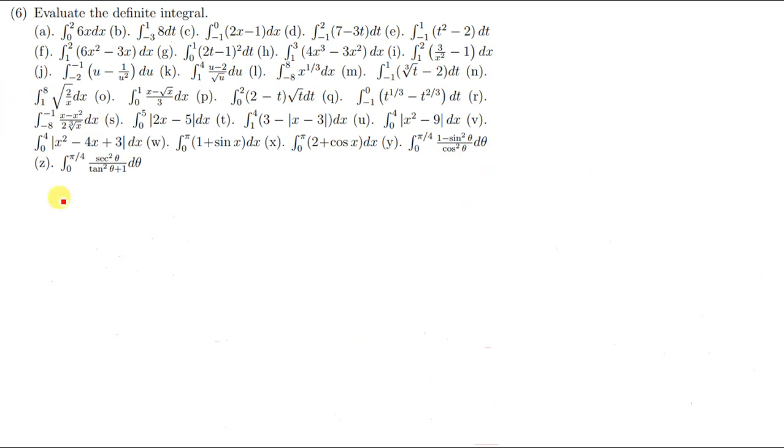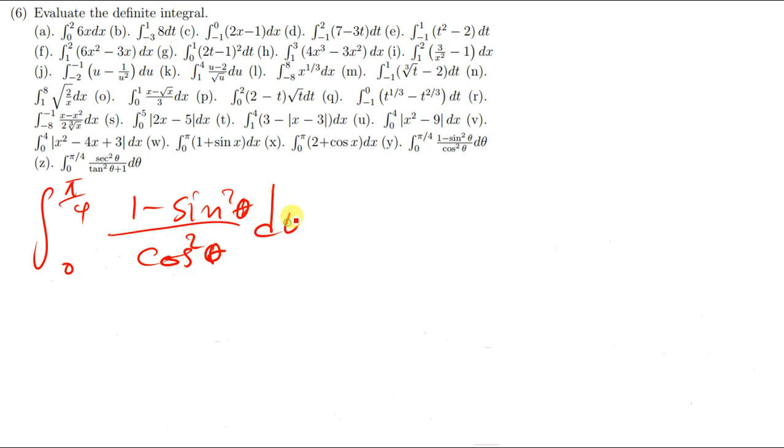So we have this one, which is the integral over the limits pi over 4 and 0 of 1 minus sine squared theta over cos squared theta d theta. When you look at the numerator and the denominator, this one is giving us a 1.